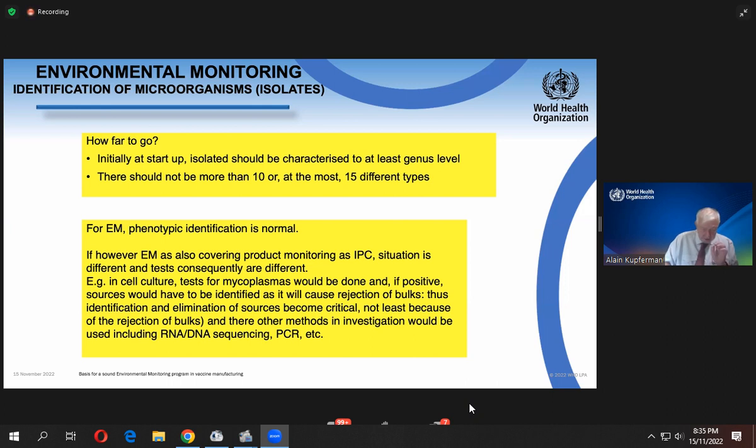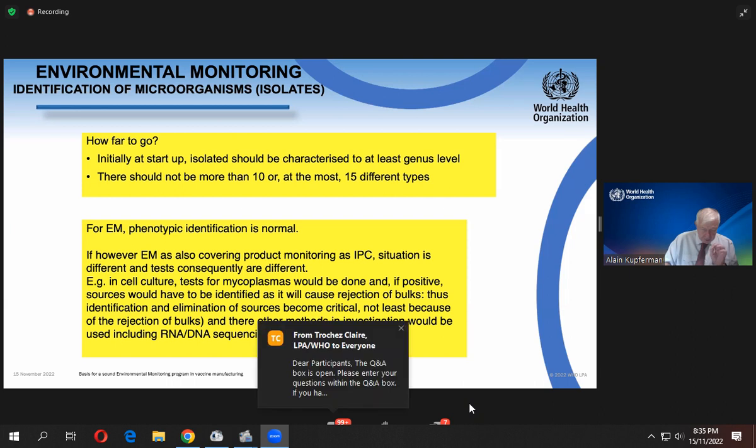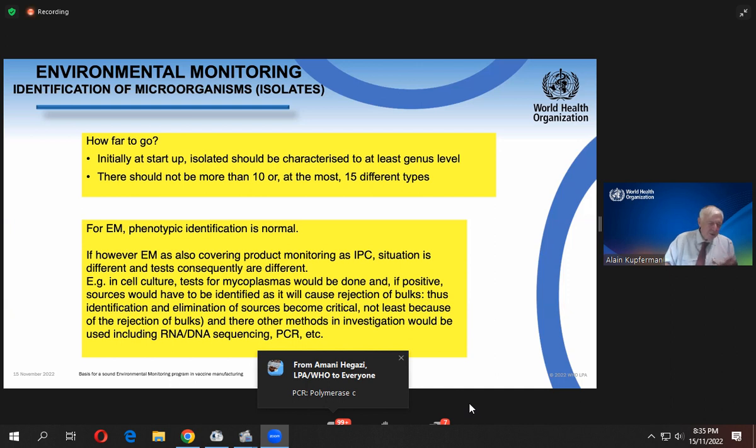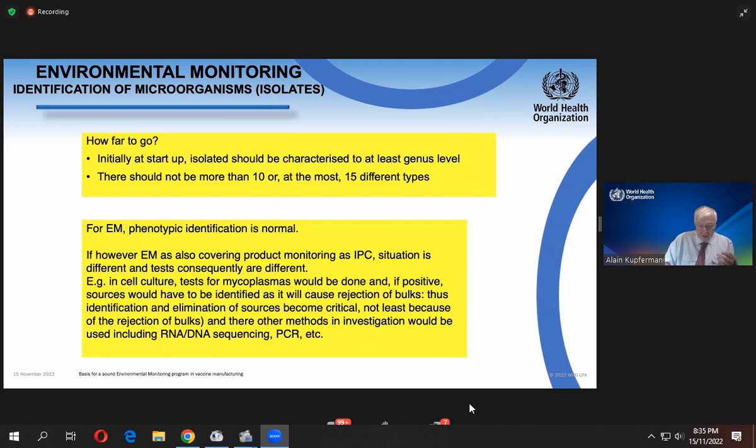Of course, if you do product monitoring and your product release is based also on that, then you may have to go further. If it's an in-process control, or maybe the release of the product that you do by environmental monitoring, then you must go further in the identification.